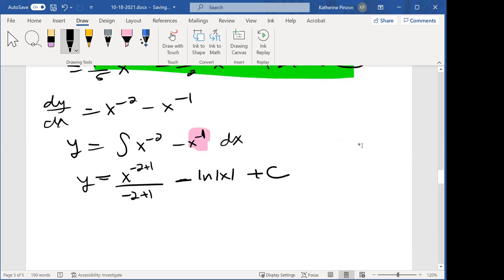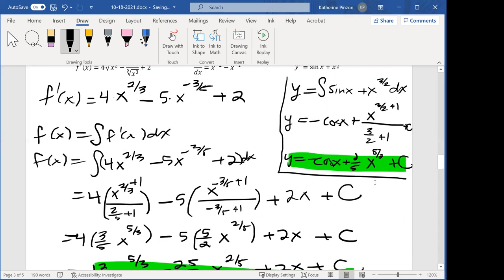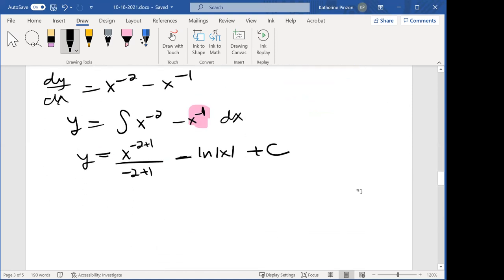Okay, let's do a little bit of simplifying. Yeah, this 2 over 5, yep. Okay, let's simplify this first term a little bit. -2 plus 1 is -1.